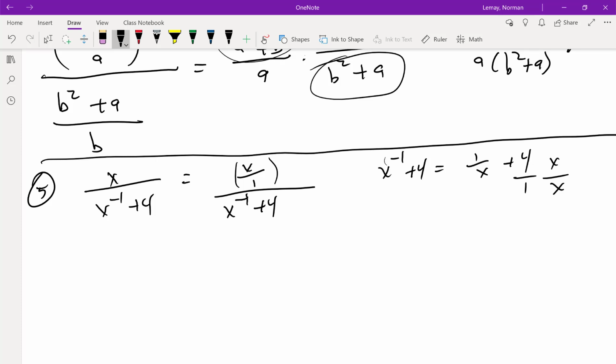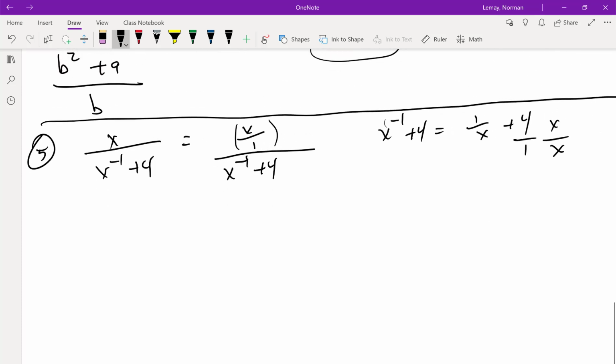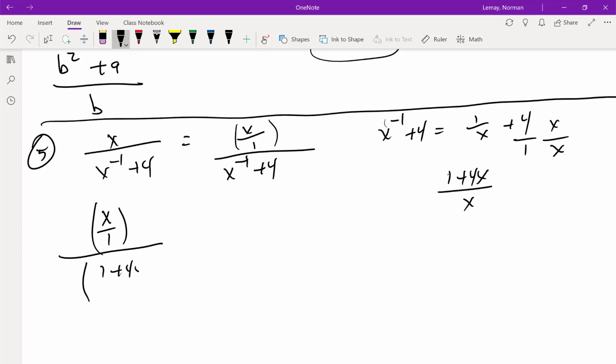So if I multiply the bottom over here by x, then I'm going to get 1 plus 4x all over x. So this x over x to the minus 1 plus 4 can be re-expressed as x over 1. There's our top. And notice in the bottom we get 1 plus 4x all over x.